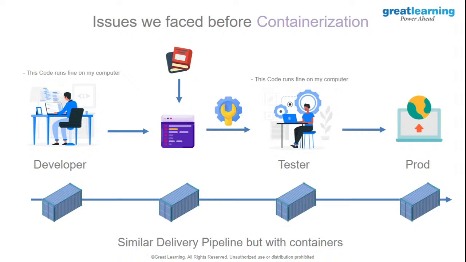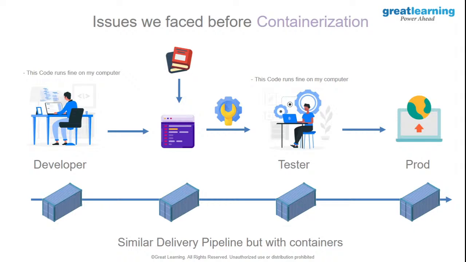Since it happens within the container, there's no interaction with the outside environment. So what laptop the developers have or the testers have doesn't really matter, because we have one self-contained environment, that is the container, being passed along. And once all the processes happen, the testing, the building, and it goes to the production environment, it can be deployed even using the containers itself, because the containers are so good at maintaining this kind of isolation, right?